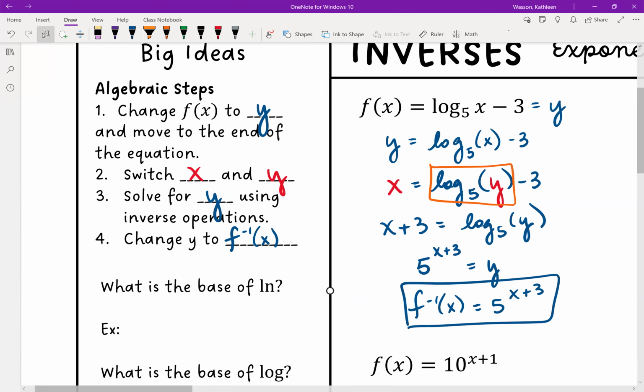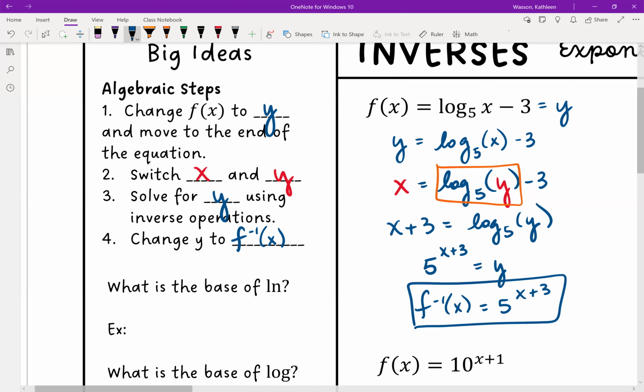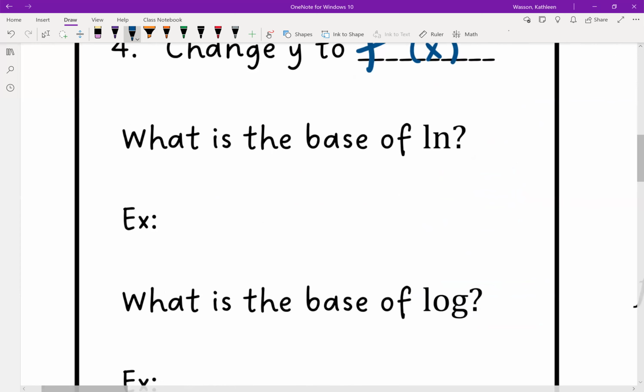Hopefully this is familiar to you because of the idea of inverse where x and y trade places. Also, we've been rearranging so that a log can be written as an exponential and whatnot. So this is what we're doing today.